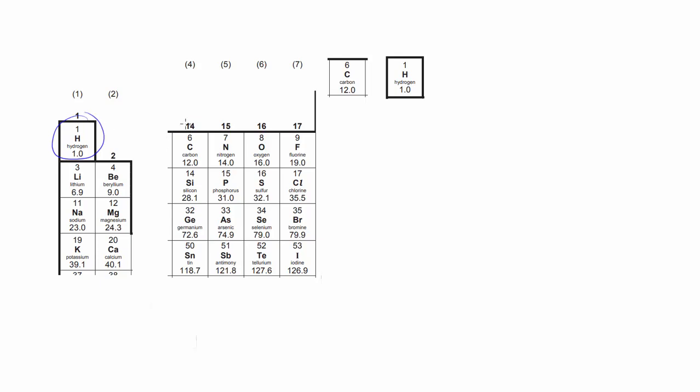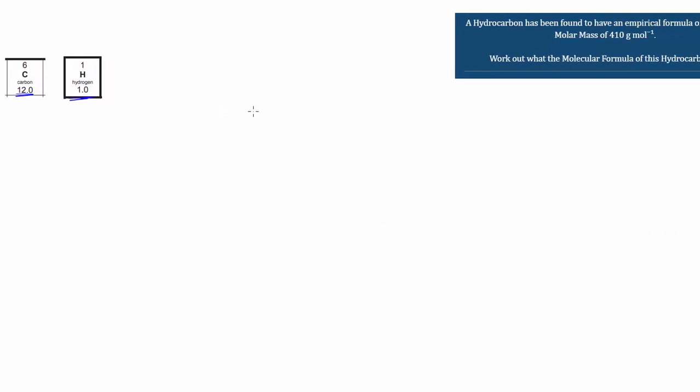So hydrogen and carbon, you can see we've got the relative atomic masses, which is basically what the molar masses are for those elements. And so we can simply say that the Mr for carbon is equal to 12.0, and the Mr for hydrogen is equal to 1.0.